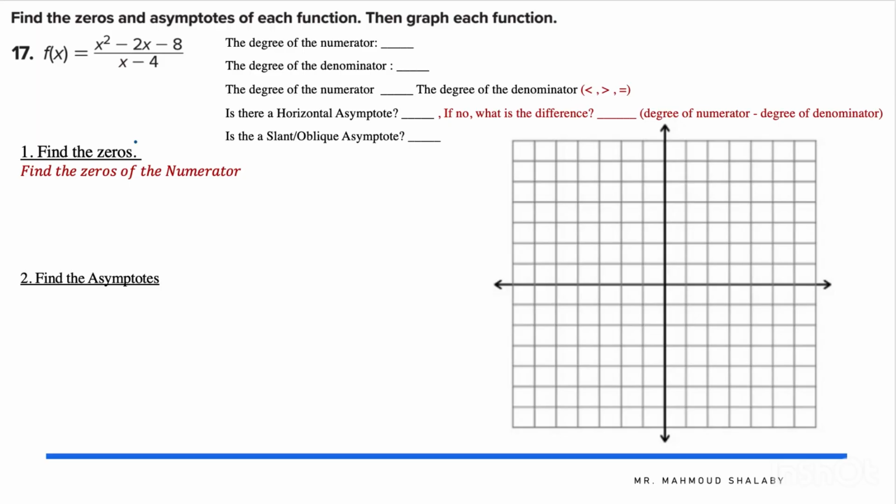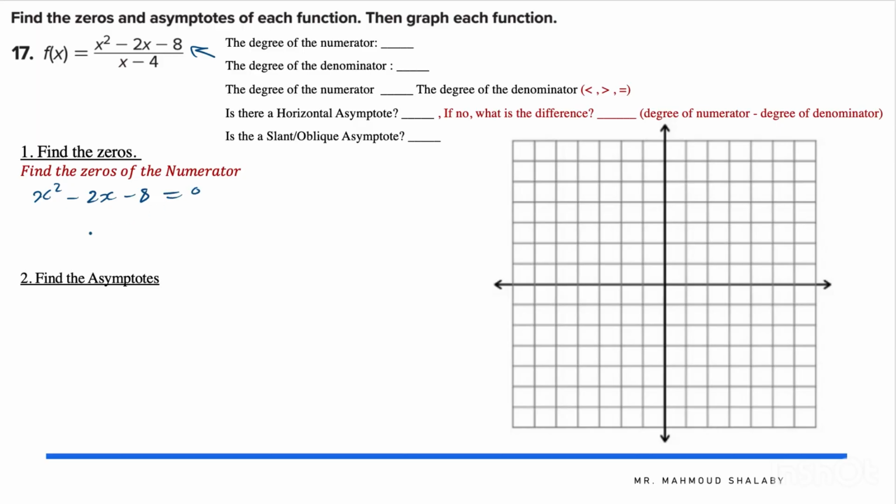In the next question, 17, you will find something different. Actually, we will follow the same method and I will show you the difference now. Find the zeros. To find the zeros, like what we have done, we go to the numerator, which is x to the power of 2 minus 2x minus 8.